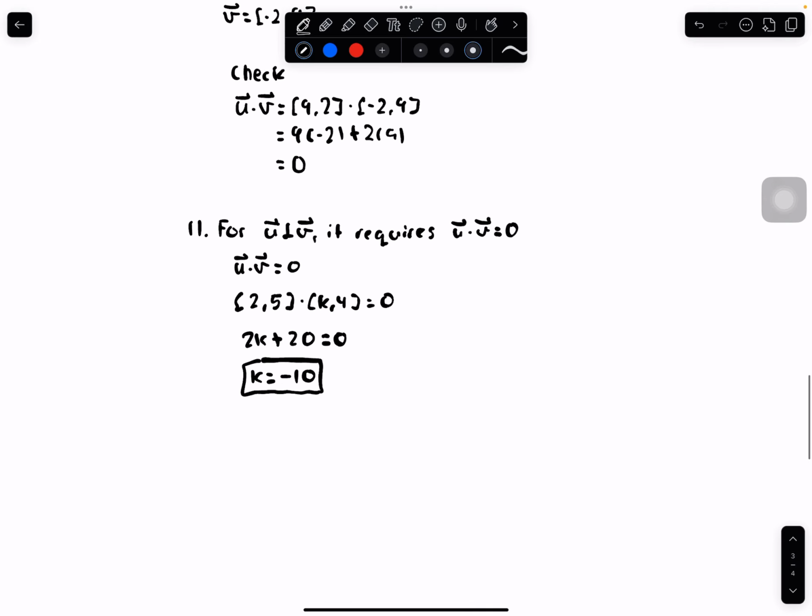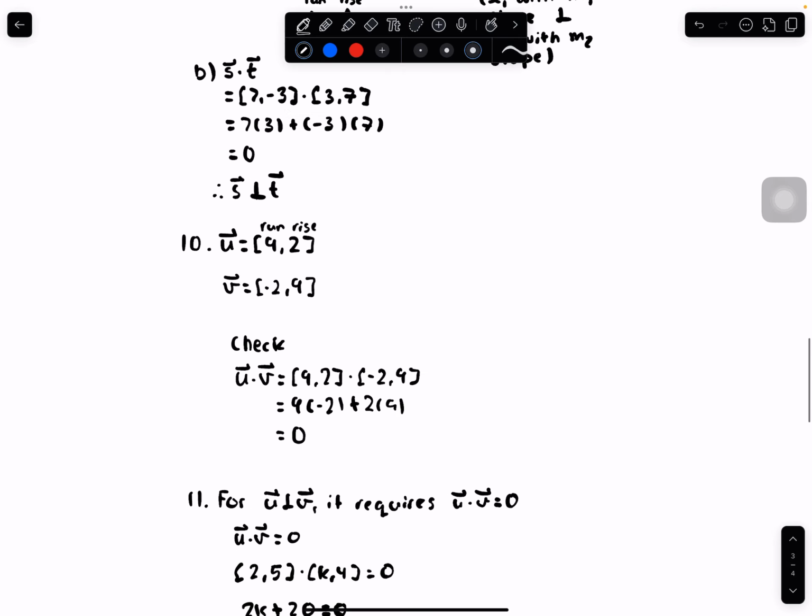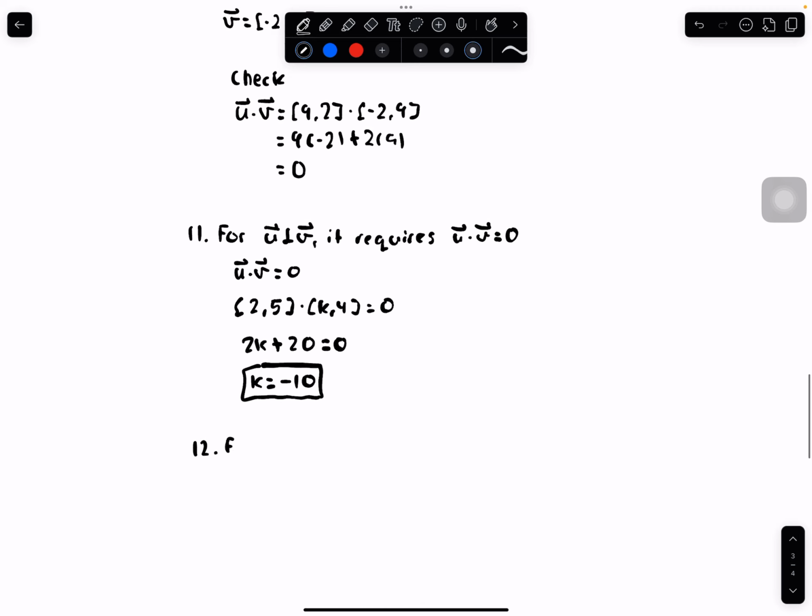Okay, 12. Same reasoning. Determine the value of k so that u and v are perpendicular. So again, for u to be perpendicular to v, it requires u dot v to equal 0, which means u dot v equals 0.